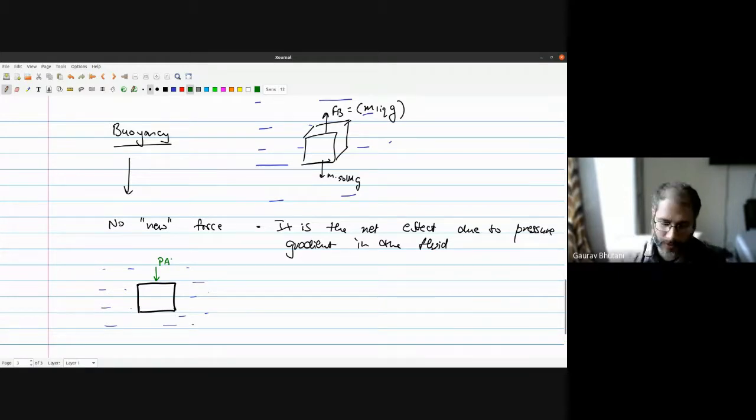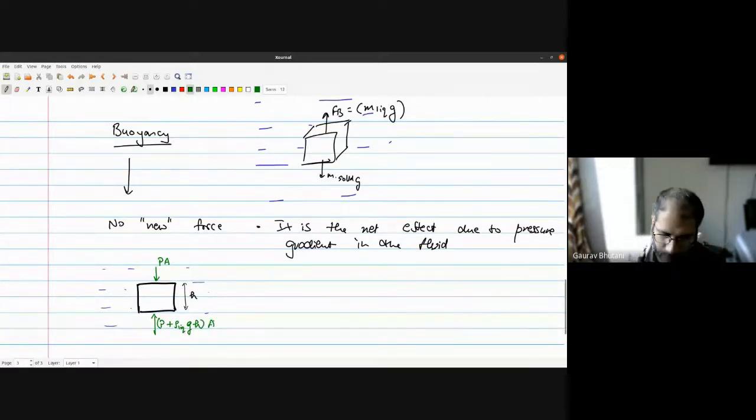Now the bottom surface will experience a force because of the pressure of the fluid, and as we know the pressure at the bottom surface is more, so that will be P top surface plus, let's say the height of the body is H. So the pressure at the bottom is P plus rho liquid g H, and this is multiplied by the area.